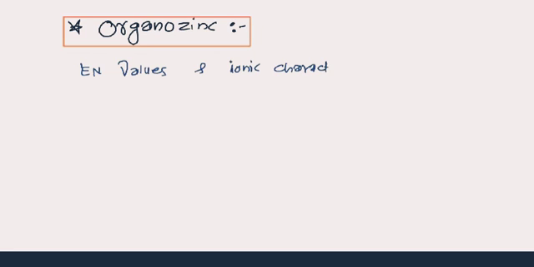Now we have a variety of metals here. What elements do we have? These are the elements, their electronegativity and their percentage of ionic character, that is, the ionicity. Suppose the element is lithium, which is most polar.